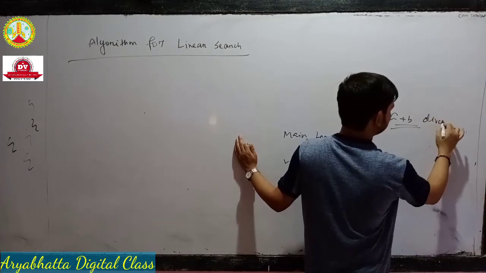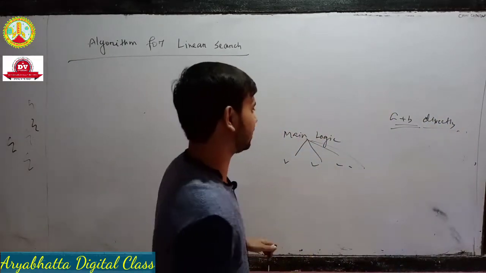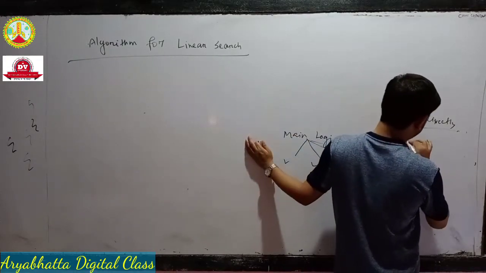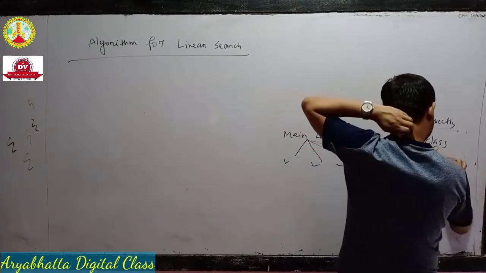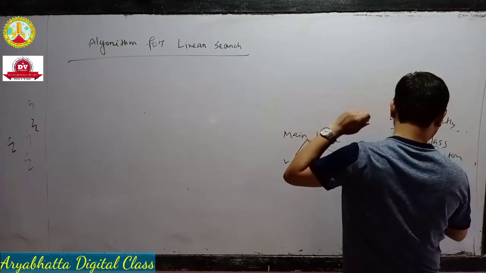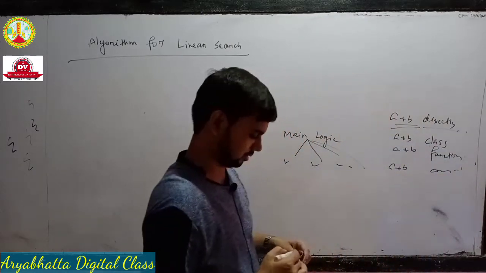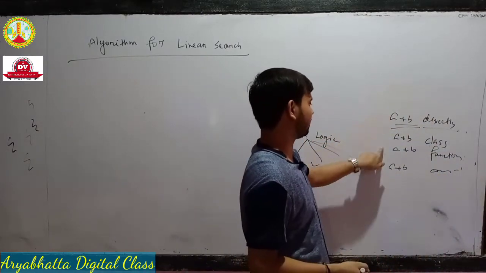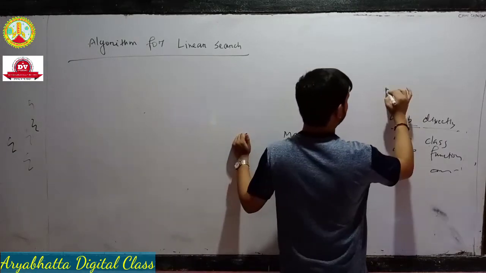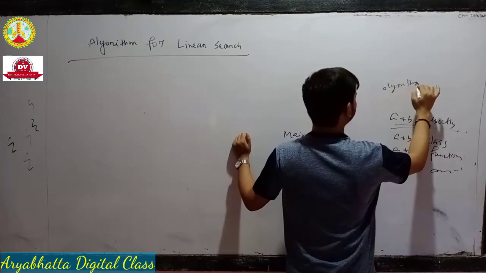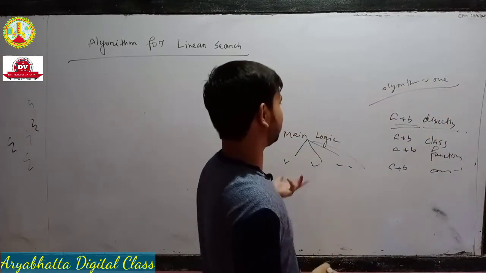You can do it directly, as I already taught you, or you can do A plus B using a class, a function, a constructor, pointers, everything. Many concepts exist for one program. But if you find an algorithm for this addition program, the algorithm is always one. The main logic is one.